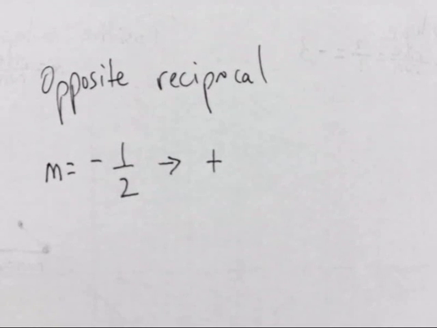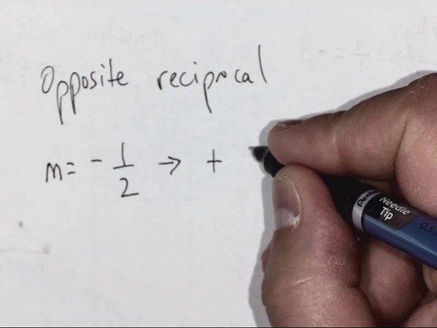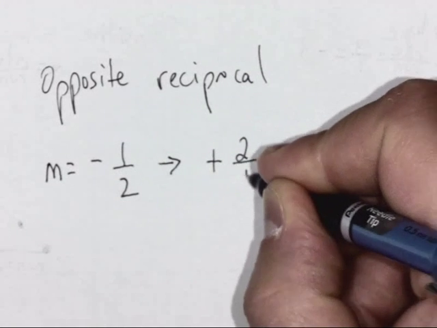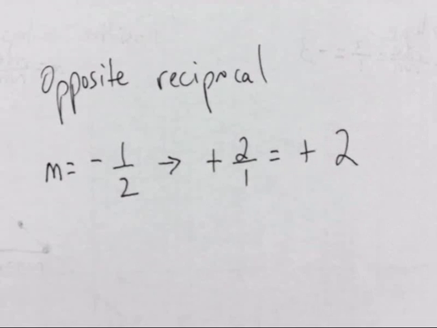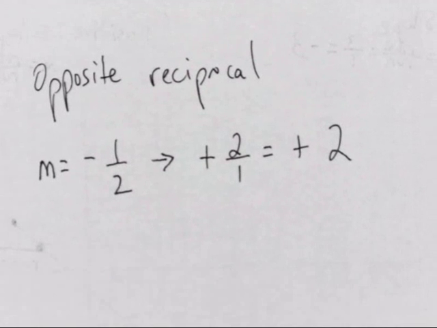So instead of 1/2 it would be 2/1, which would obviously equal +2. So -1/2 and +2 are opposite reciprocals of each other. If I had one line with a slope of -1/2 and then another line with a slope of +2, I would know that those two lines would be perpendicular. They would intersect to form a right angle.